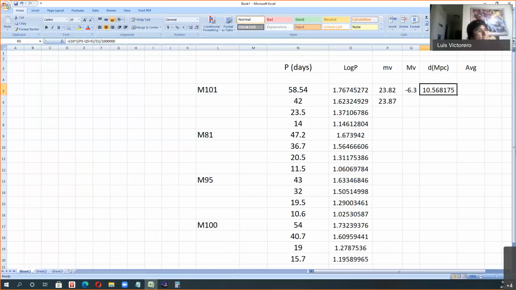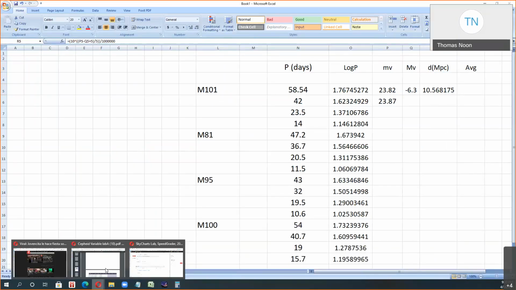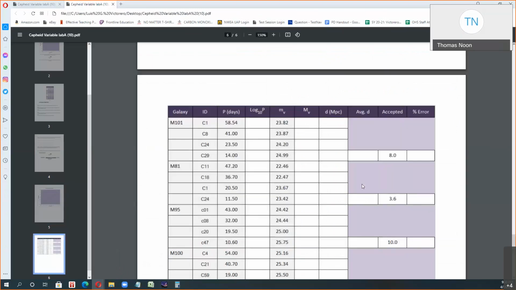Megaparsecs. And then what are the two that come after it in some of them? It says the common average D and percent error. The average will be the average of these three.